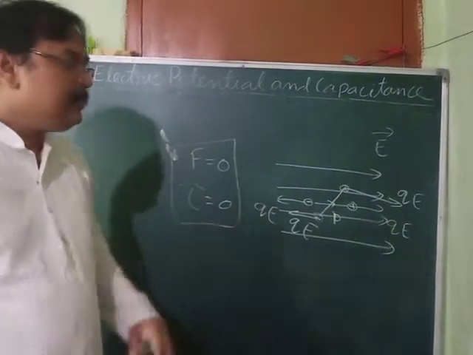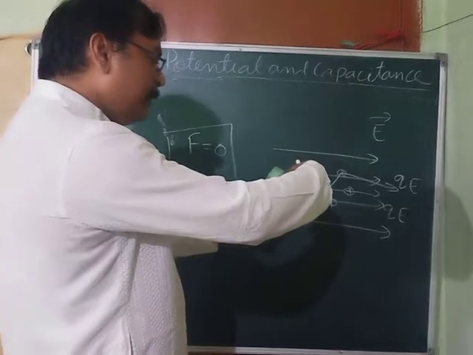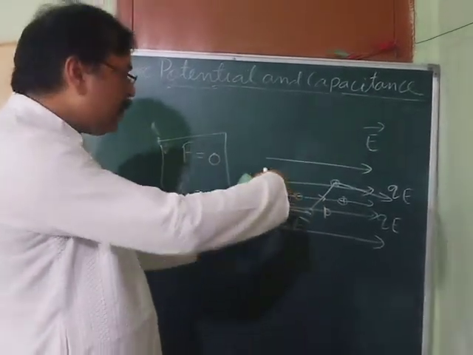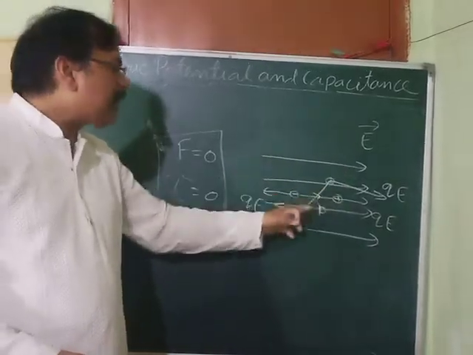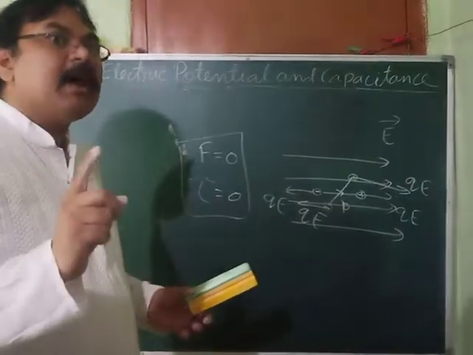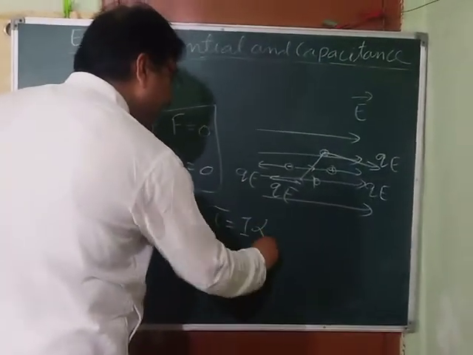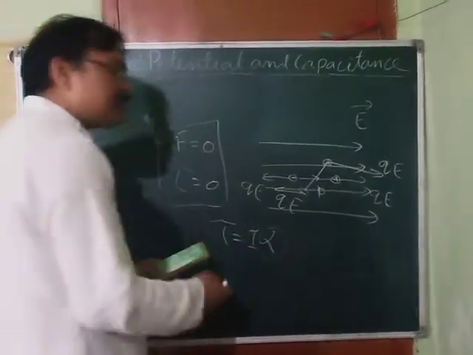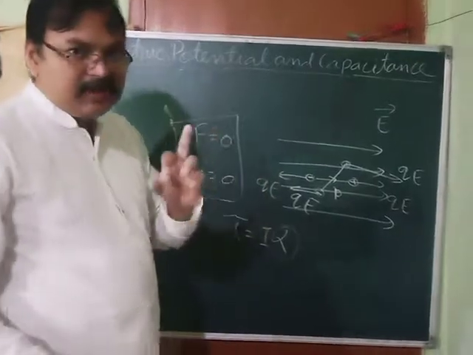But remember, before coming to rest at the same position, what will happen? Due to these forces there will be a torque, and due to torque it will rotate. Tau is equal to I alpha, so it will have an angular acceleration, which means its angular velocity will keep on increasing.